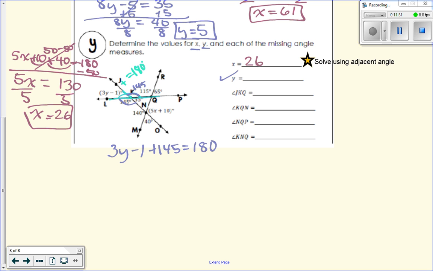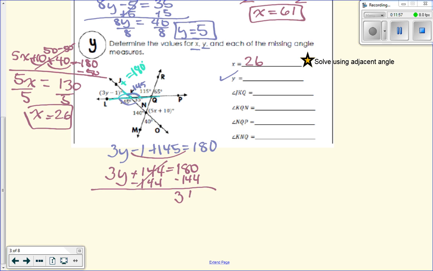So they equal 180. It's a positive 145. So we're going to add. So that leaves us with 3y, 145 minus 1 is 144. And we're going to subtract 144 from both sides.